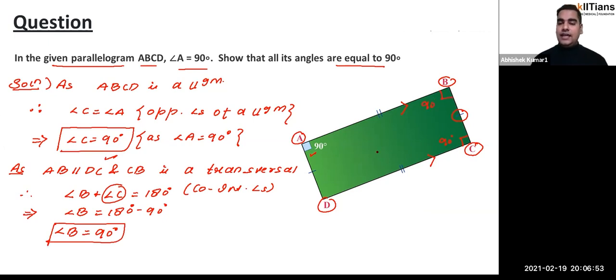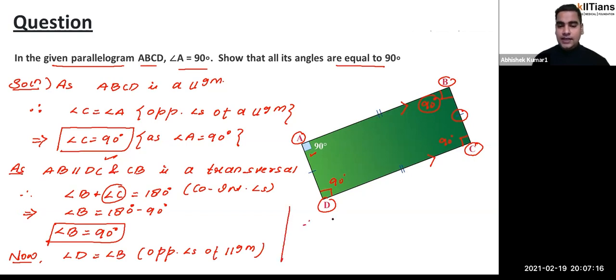Clear? And again, opposite to angle B, what do we have? We have angle D. So angle D is also going to be 90 degrees because these are opposite angles of a parallelogram. Angle D equals angle B, opposite angles of a parallelogram. Therefore, angle D will be equal to 90 degrees as well.